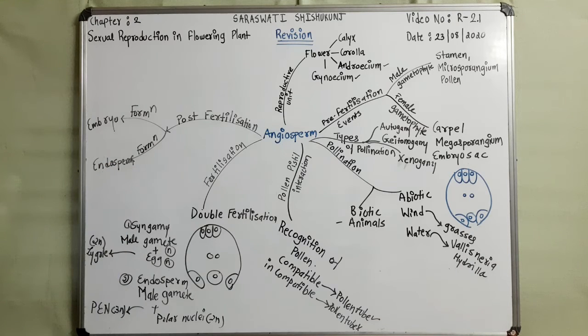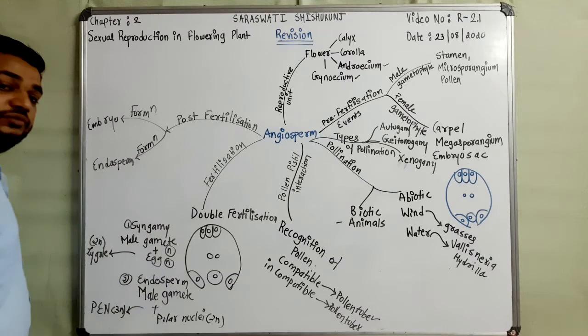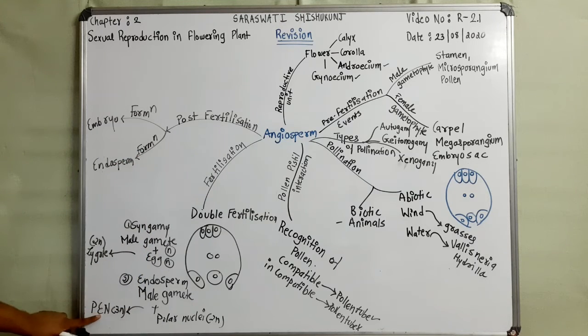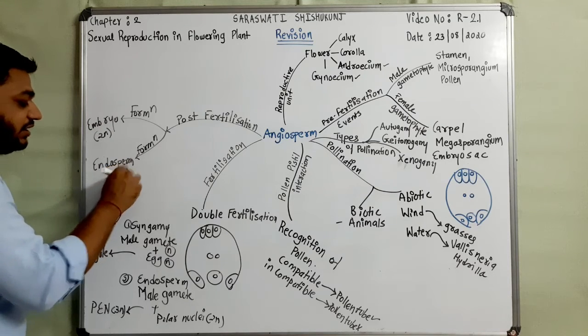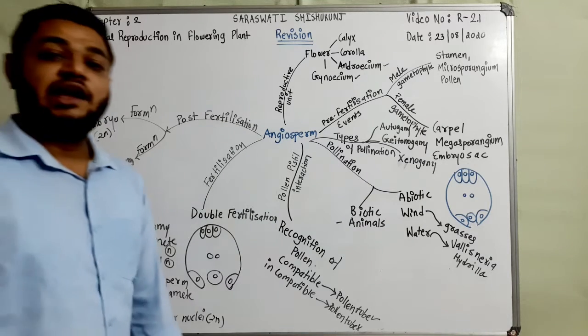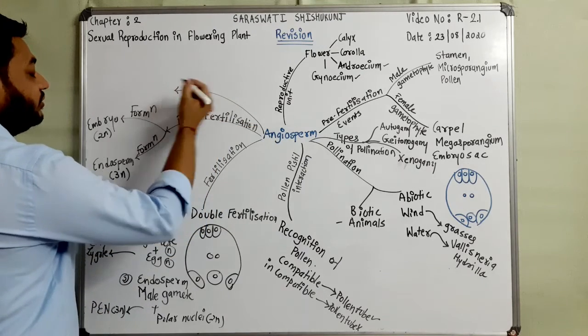These two are included in post-fertilization events. So you must remember, endosperm will always be 3n, while the zygote is going to develop into the embryo. So this will be 2n cells and this will be triploid cells.